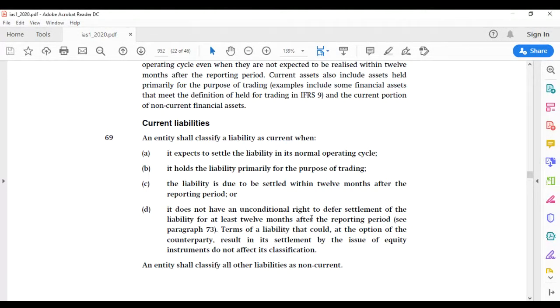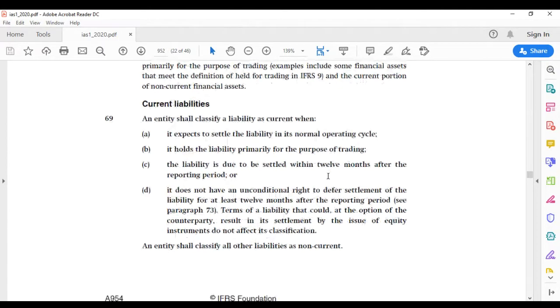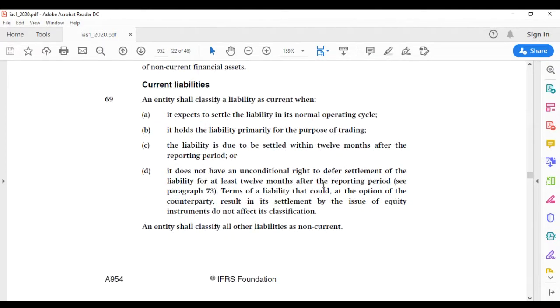No questions? Okay. The definition of current liabilities, it is very similar to that of a current asset. So let's just have a look there. When is a liability seen as current? They say an entity shall classify a liability as current. Let's again maybe look at the easiest one first.